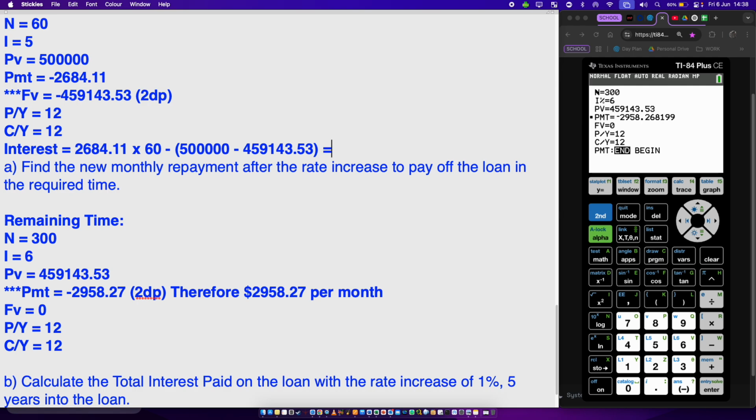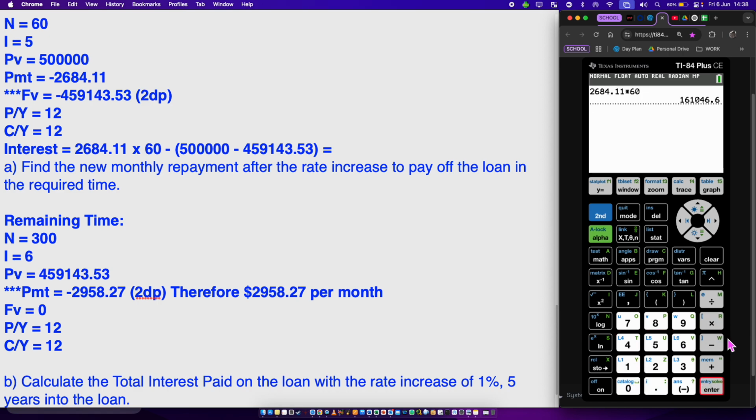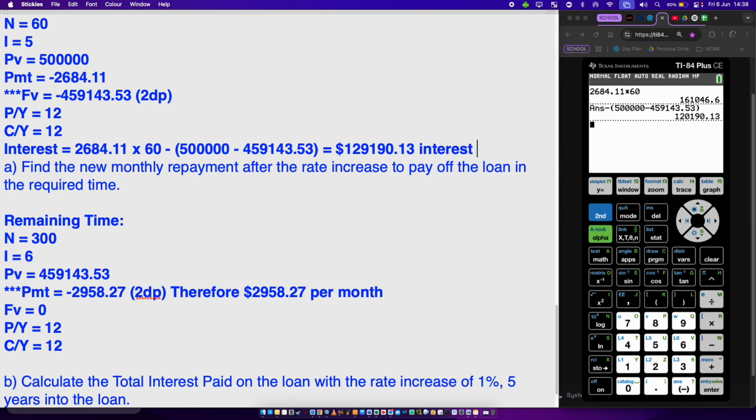So in that time, the amount of interest I paid, 2684.11 times by 60 payments, take away 500 grand, minus what I got the debt down to. In the first 5 years, I only paid $120,190.13 interest.